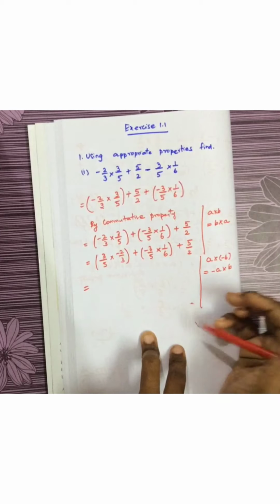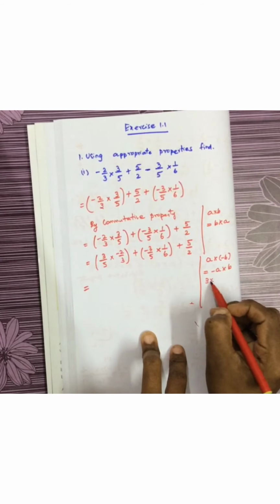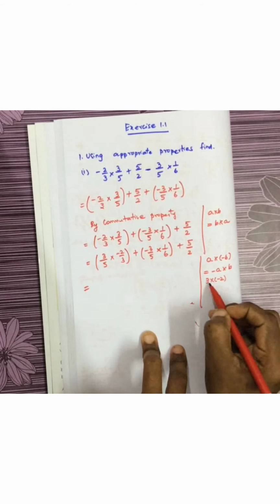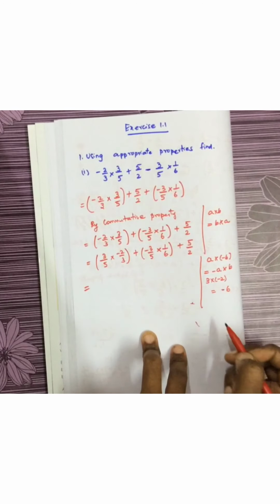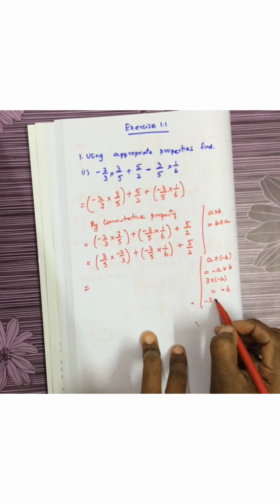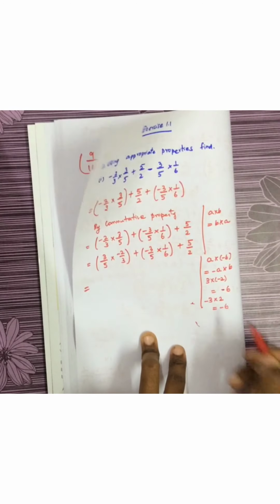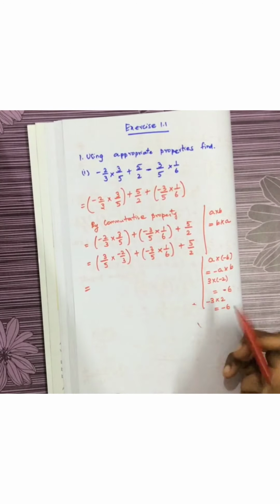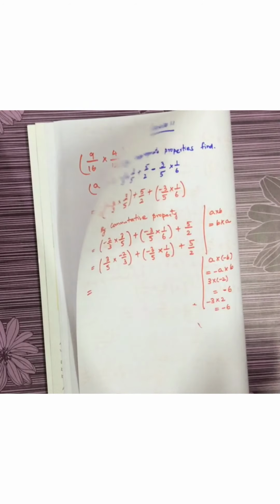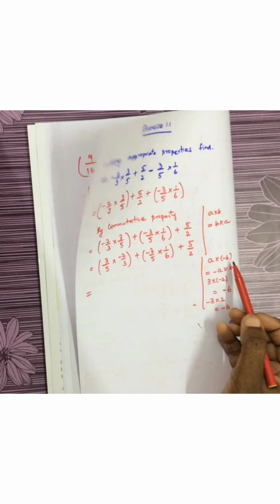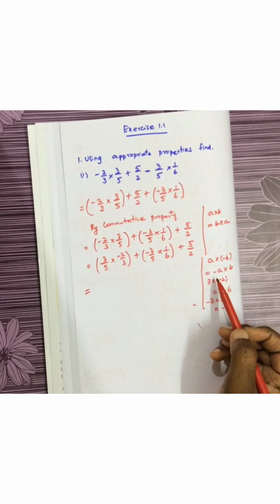So 3 multiplied by minus 2, 3 twos are 6, minus 6, is same as minus 3 multiplied by 2, which is also minus 6. Either you put the negative here or here, it means the same. So a multiplied by minus b is equal to minus a multiplied by b.